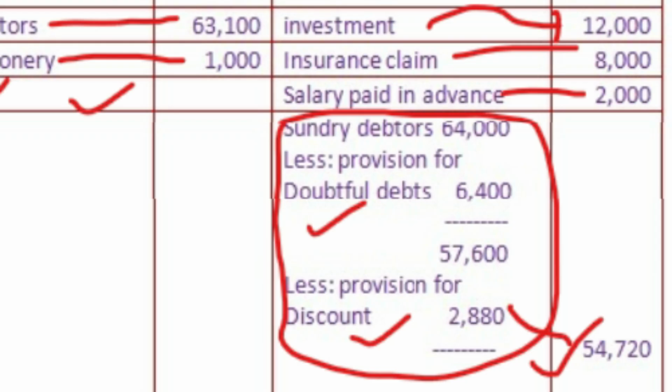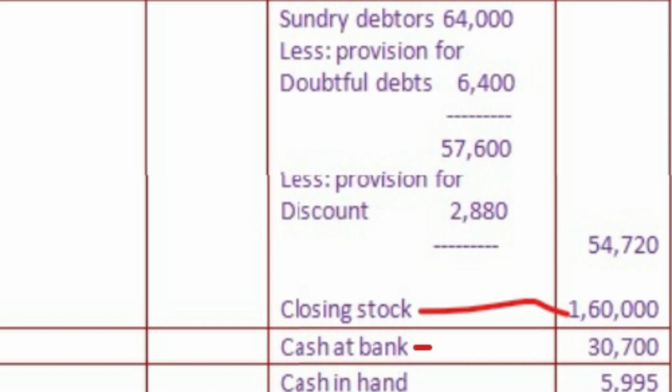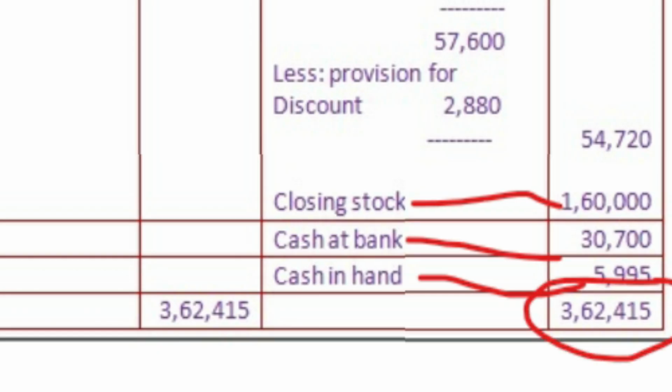Remaining balances: closing stock 1,60,000, cash at bank 30,700, cash in hand 5,995. The sum total of assets is 3,62,415 and the sum total of the liability side is 3,62,415.